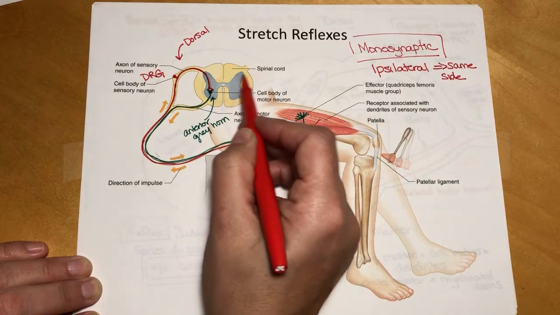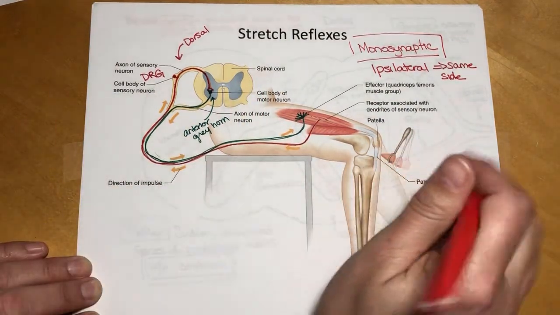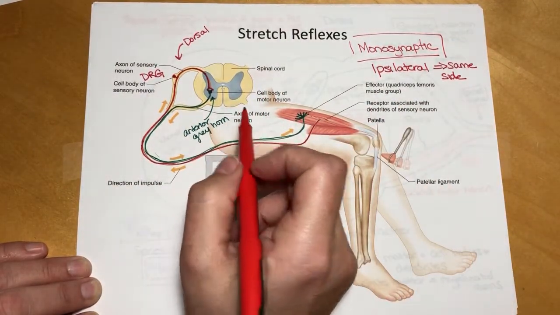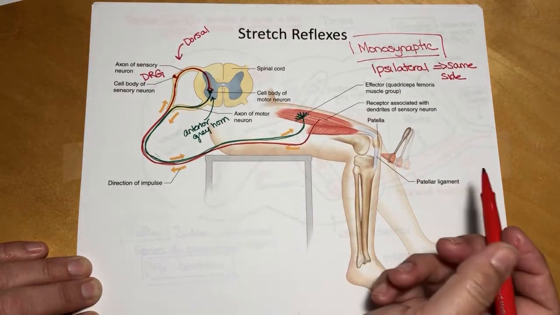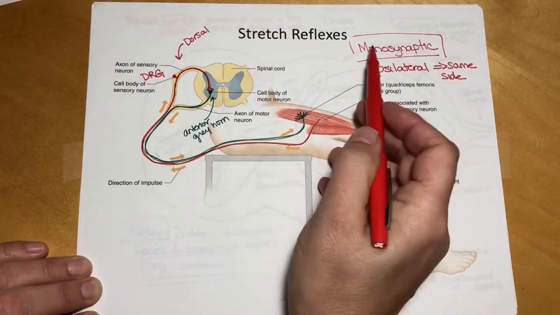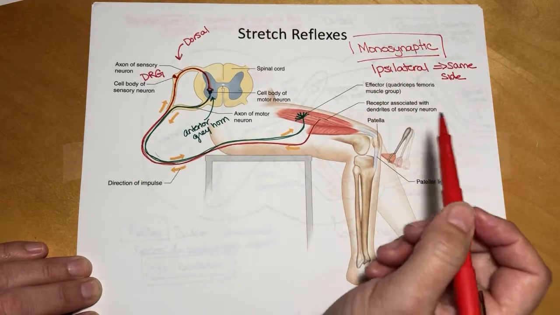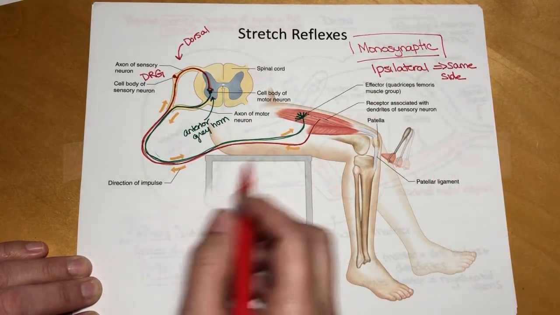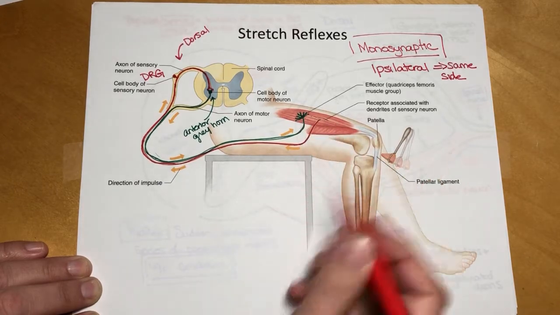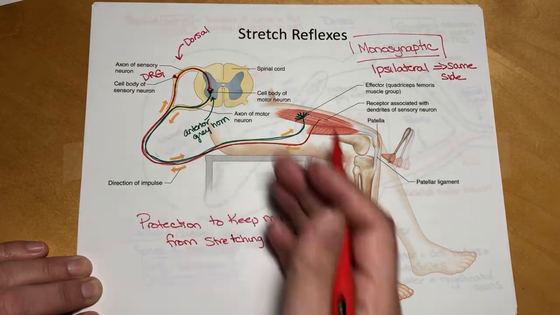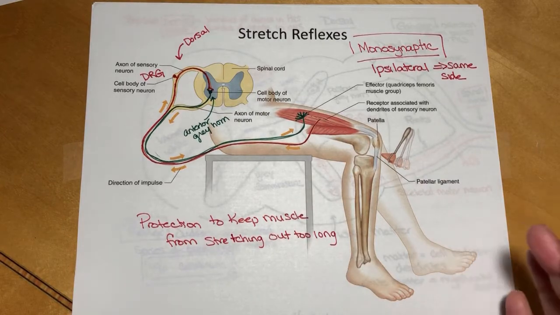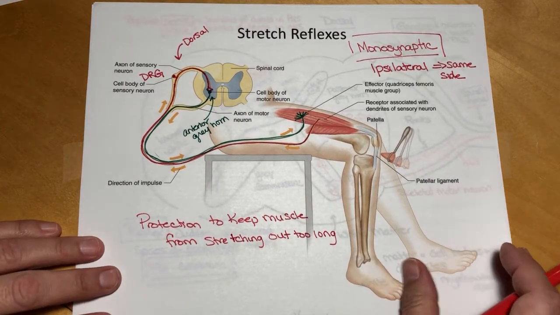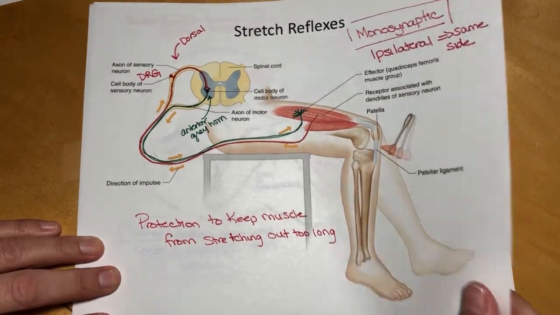Nothing's crossed over and nothing's happening on the other side. It's not like your other leg is going to kick out and kick him also. So that's a stretch reflex. This is the simplest kind because it has one synapse, it's on the same side, and it's a very simple movement. It's really there to protect this muscle from getting too long. It's called a stretch reflex because we're nervous about the muscle getting too stretched out. So that's the first one.